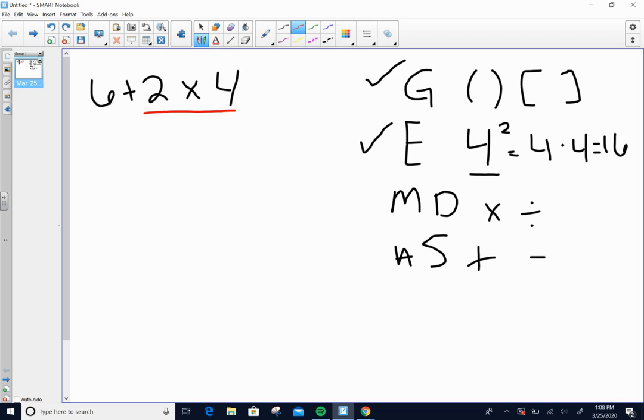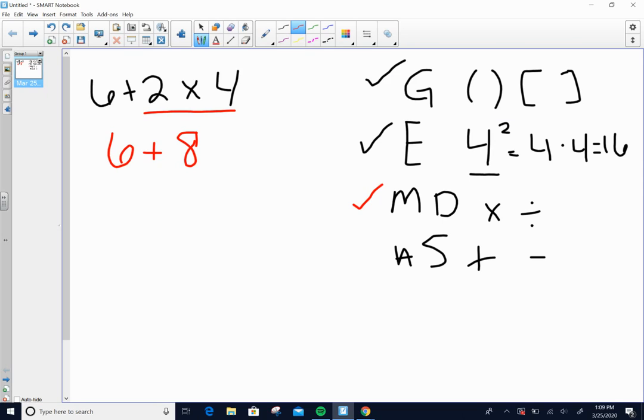So I want to go ahead and solve that part of this problem. 2 times 4 is 8. So I'm going to write that down. And then I keep everything else that's already here. So I have my 6, and then I also have that plus. I need to keep that in my problem here because I'm not done with that yet. I haven't solved that part. I can still look, there's no division, so I can go ahead and check this off.